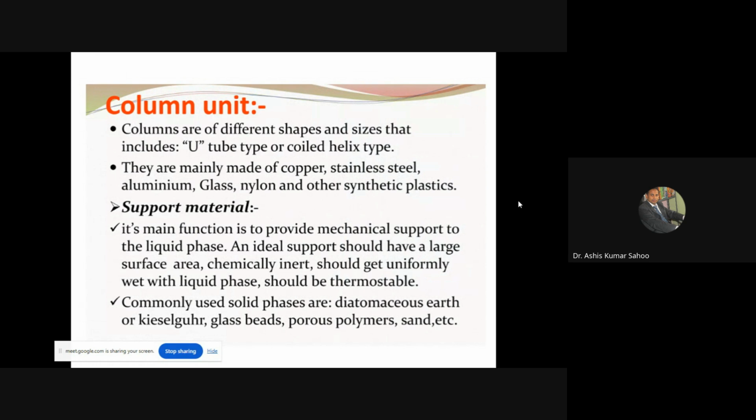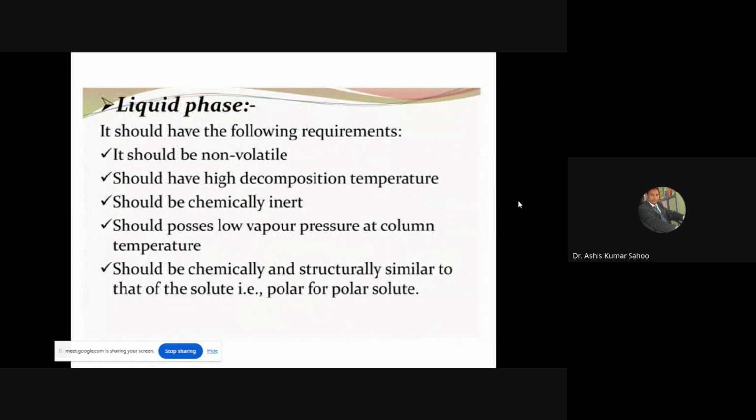The liquid phase should meet the following requirements: it should be a non-volatile liquid, have a high decomposition temperature, be chemically inert, possess a low vapor pressure at column temperature, and be chemically and structurally similar to the analyte.